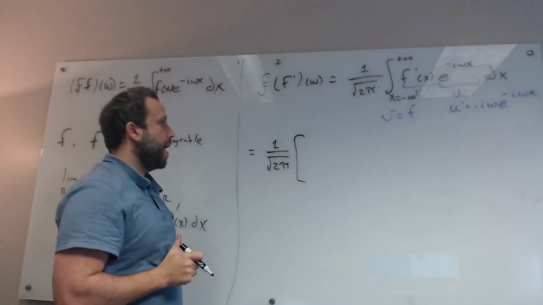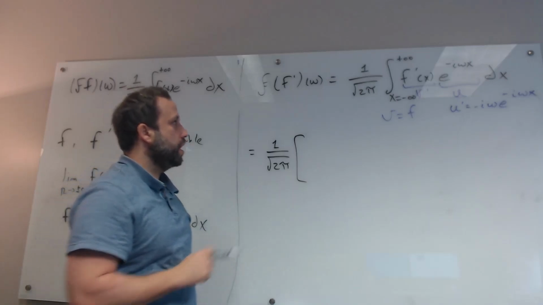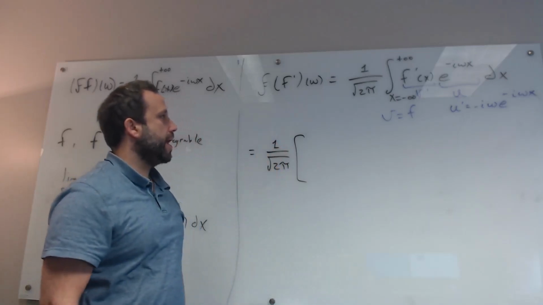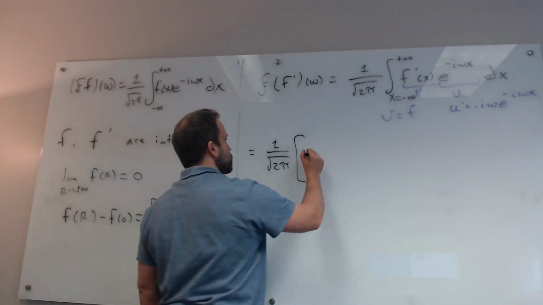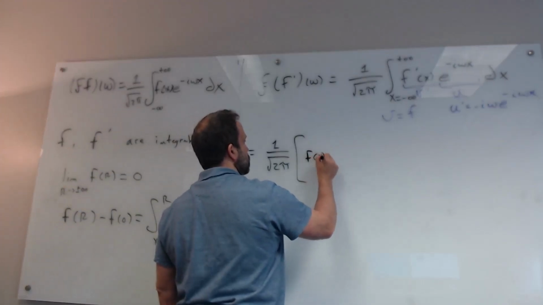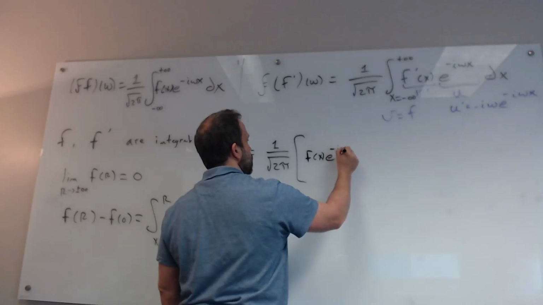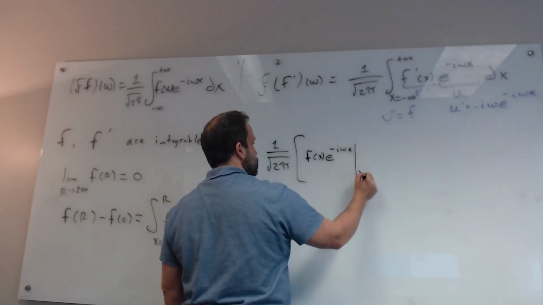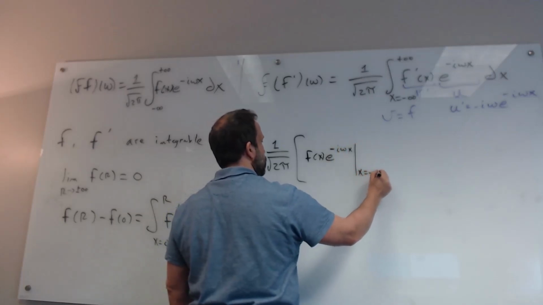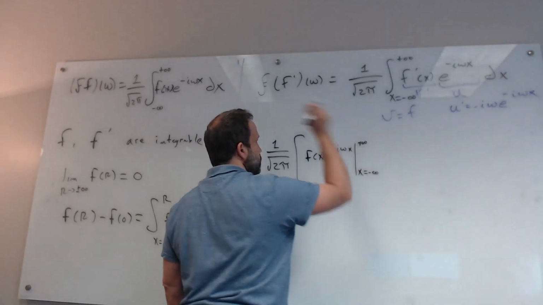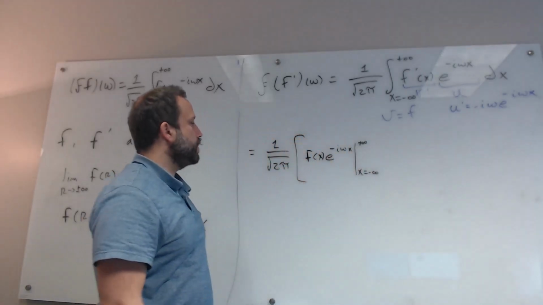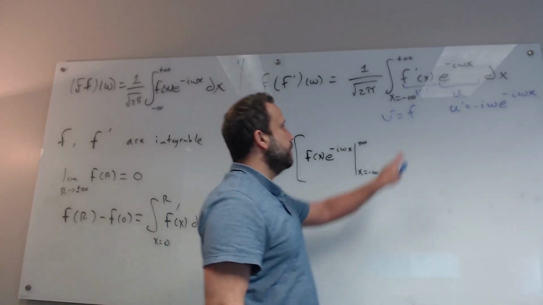I'm going to have my boundary terms, that's u times v. u is e to the minus i omega x, v is f of x, so this is f of x e to the minus i omega x, with x going from minus infinity to positive infinity. And then it's minus the integral of v times u prime.